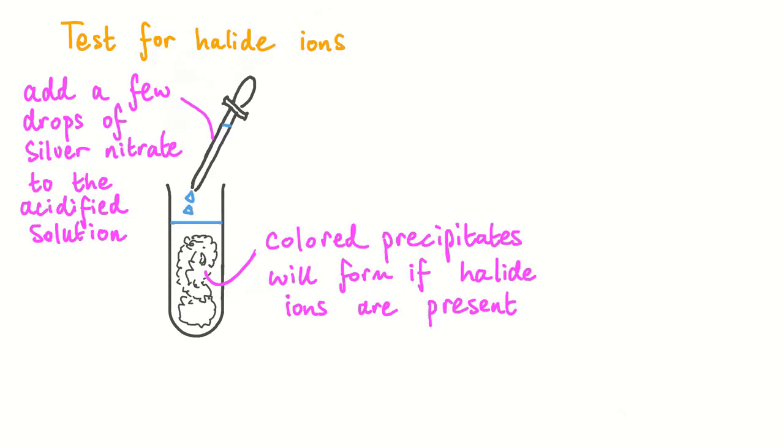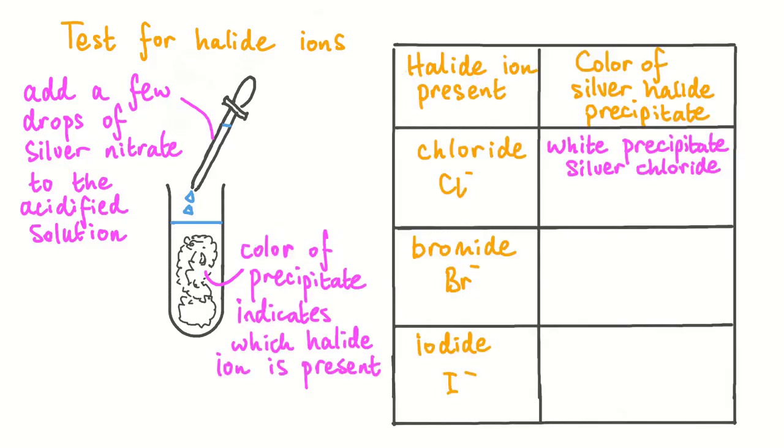These solids are called precipitates and they have distinct colours. Chloride ions will form silver chloride, which is an insoluble white precipitate. Aqueous silver ions react with aqueous chloride ions to give silver chloride, which is a white solid.